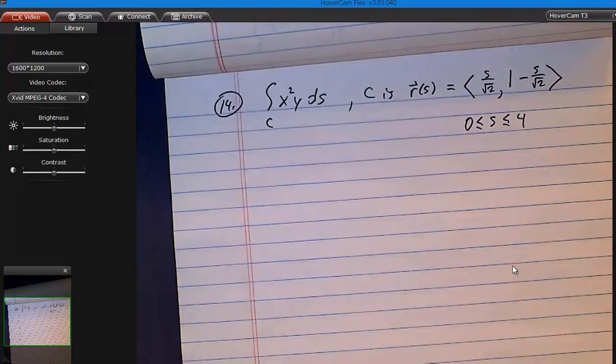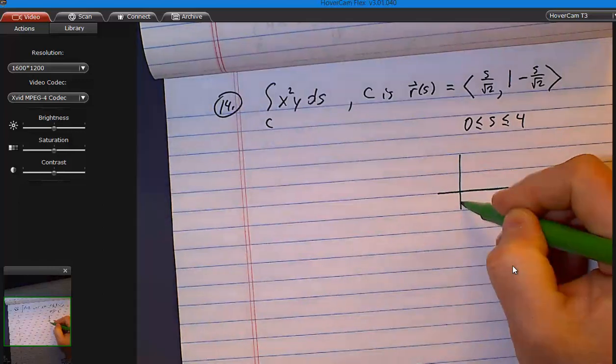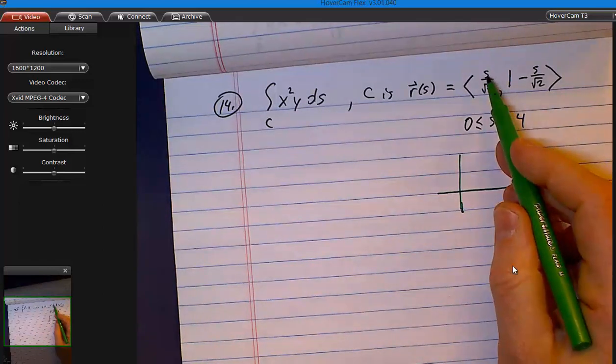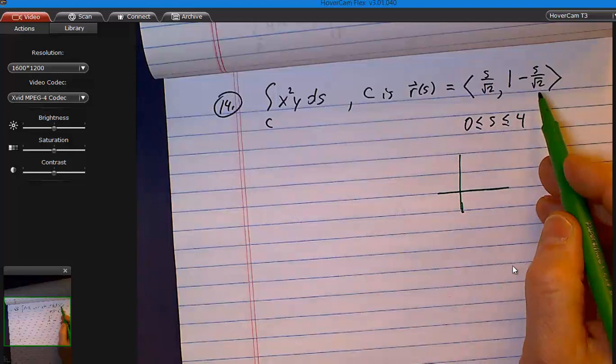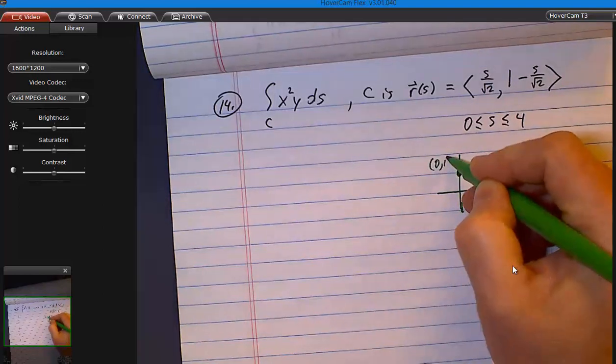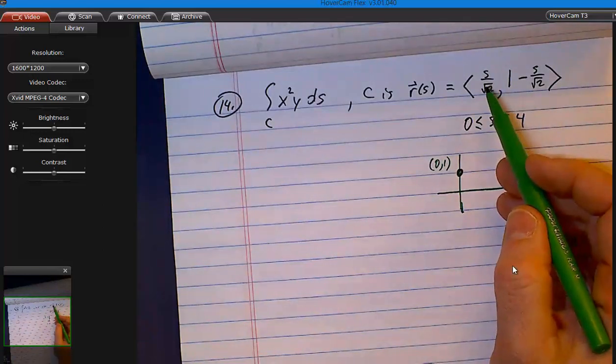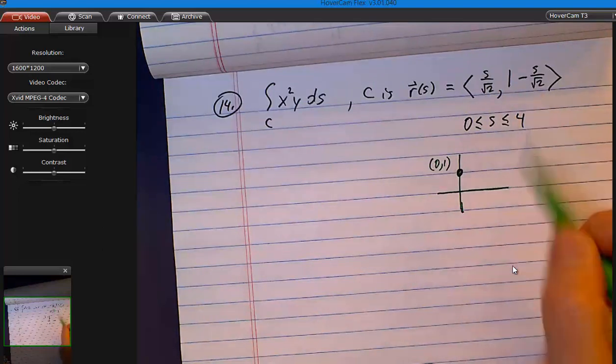So let's see. If I plug in 0 for s, I'm at 0, comma 1, right? So it starts at 0, comma 1. If I plug in square root of 2 for s, I'm at 1, comma 0.